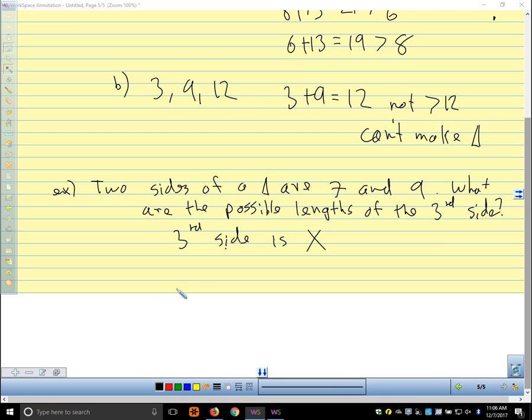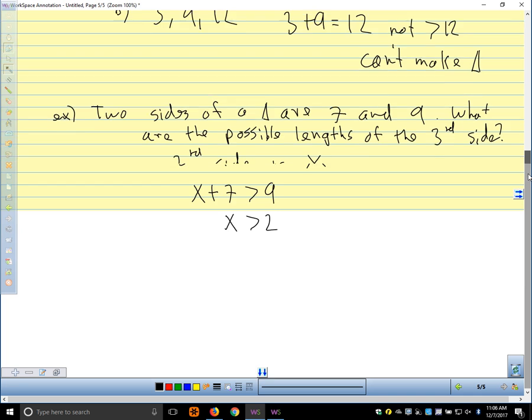So from the triangle inequality, we know that X plus 7 has to be greater than 9. If I add those two sides, it has to be bigger than the third side. I can subtract 7 from both sides, and this says X has to be greater than 2. So that tells us that the third side has to be bigger than 2 to make a triangle.